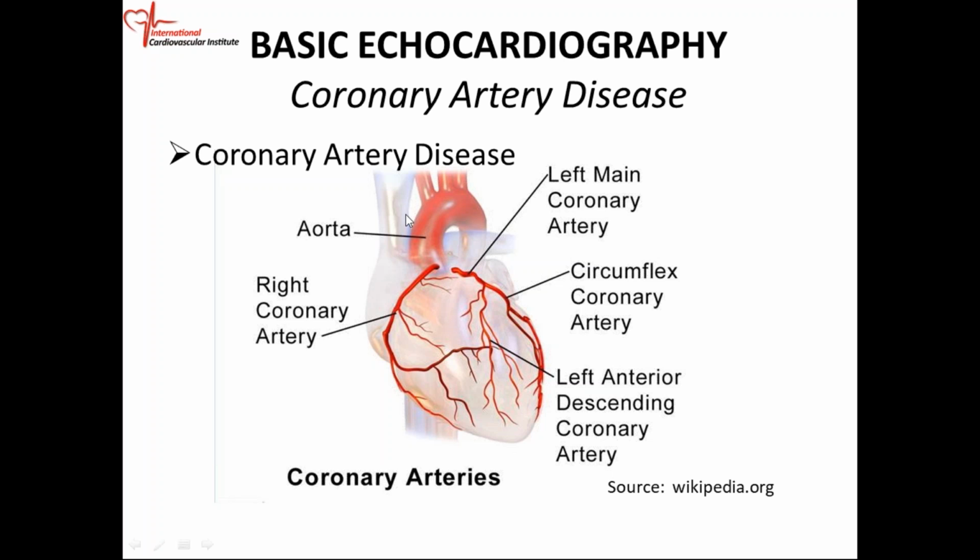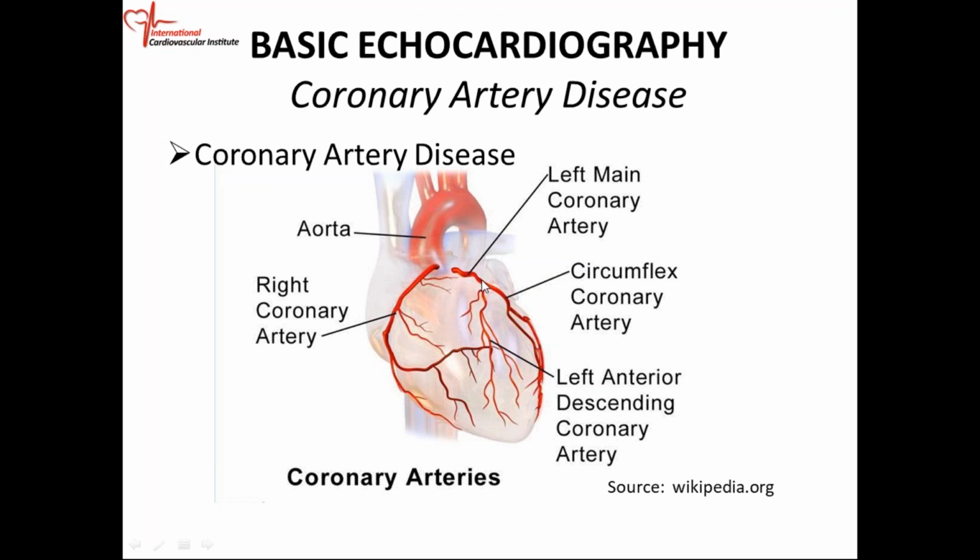So let's just look at the normal epicardial coronary arteries. You know that you have the aorta, where you have the sinuses in the aorta, sinus of Valsalva. So the left coronary cusp is going to give off the left main coronary artery.